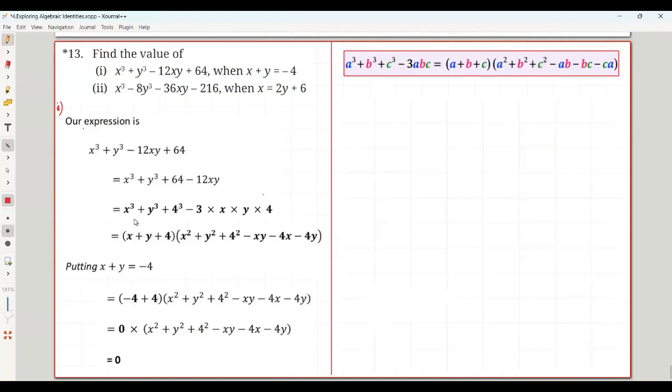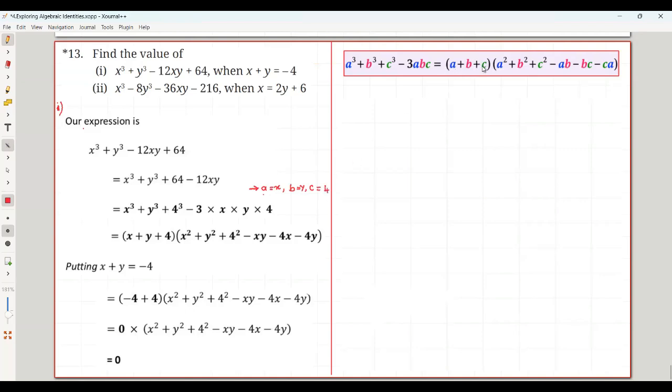From this you can take this is a value, this is b value, this is c value, and replace in the formula. So a is equal to x, b is y and c is 4.